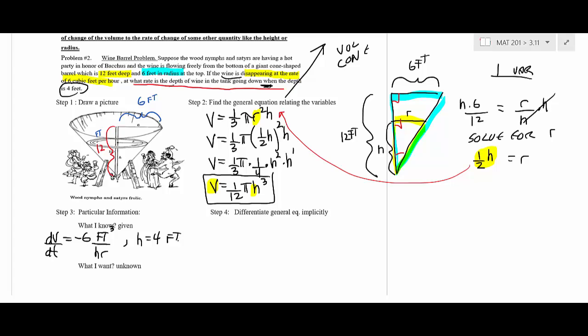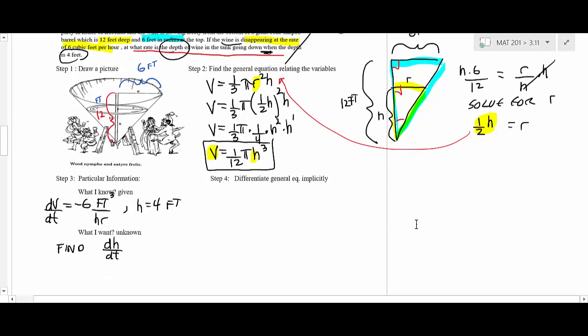Now the question is what's the rate of the depth of the wine? So what we're trying to find is dh over dt, right? Because that's depth. Pay attention to what everything means. So you're going to write down this formula, V = 1/12 pi h cubed.